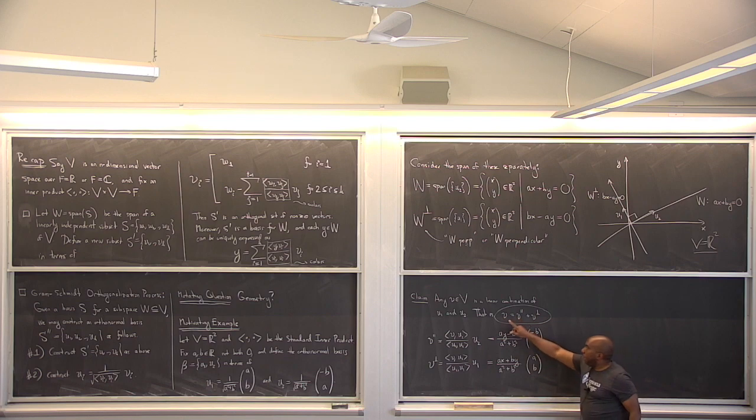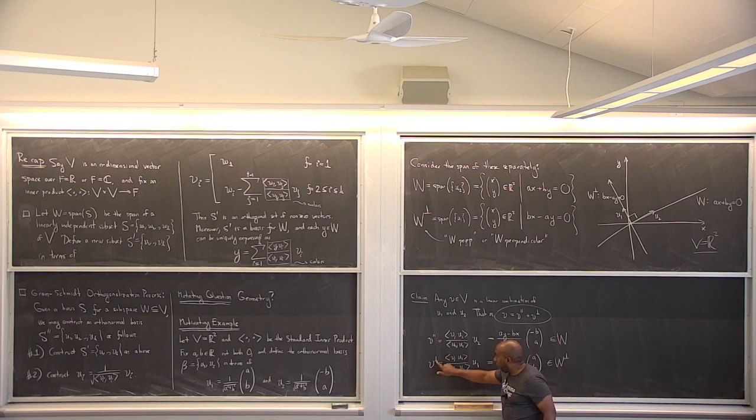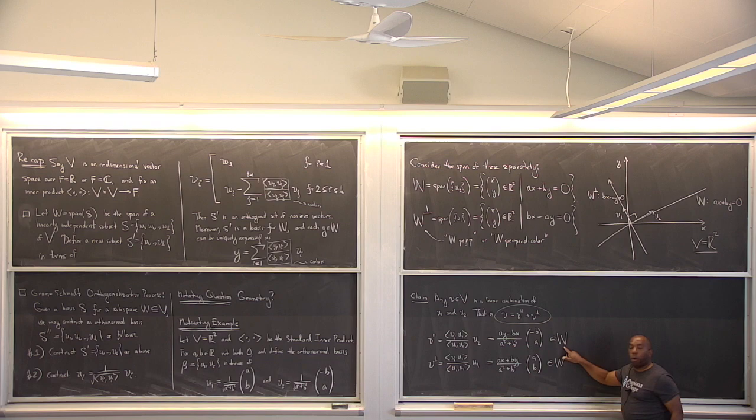So again, I can take any vector (x, y), and I can write it now as the sum of these two vectors. But this here is on one line, this here is on the other line. Right? In fact, this here is on the line w, and this here is on the line w perpendicular. So this v perp means that it's actually on the line perpendicular, whereas this here, v parallel, actually means that it's on the line.